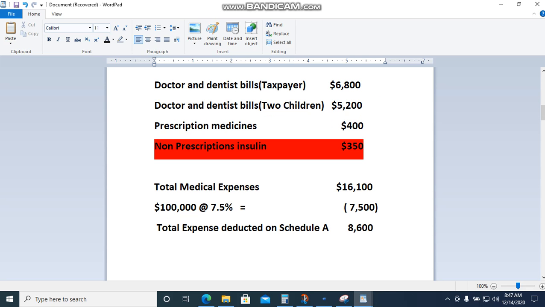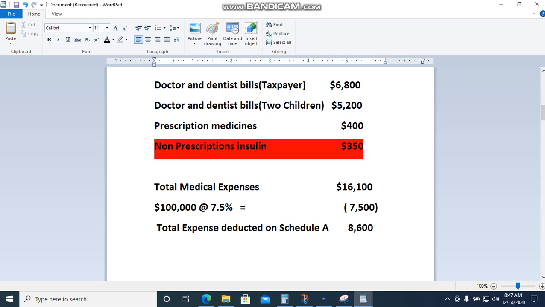You multiply these two together, and your expenses have to exceed this amount. So if you take the difference, the $7,500 from the $16,100, this is the total expenses that you can deduct on your Schedule A.